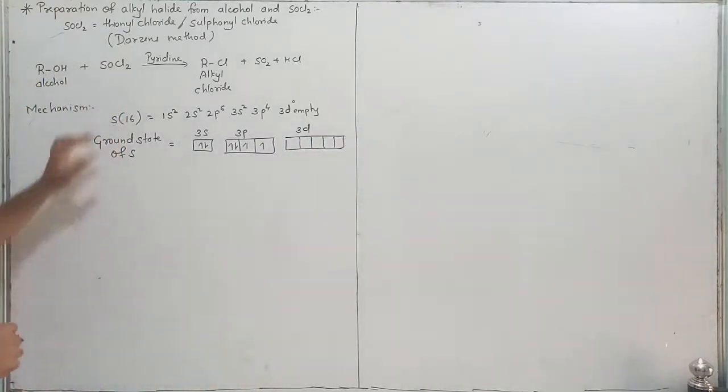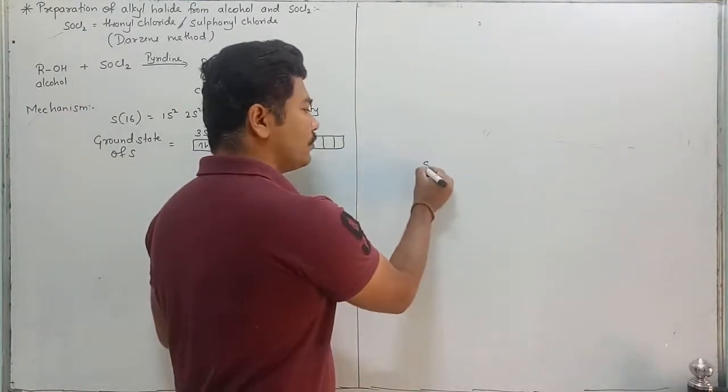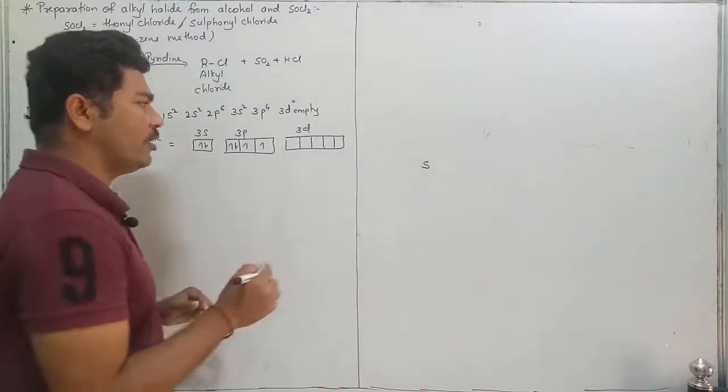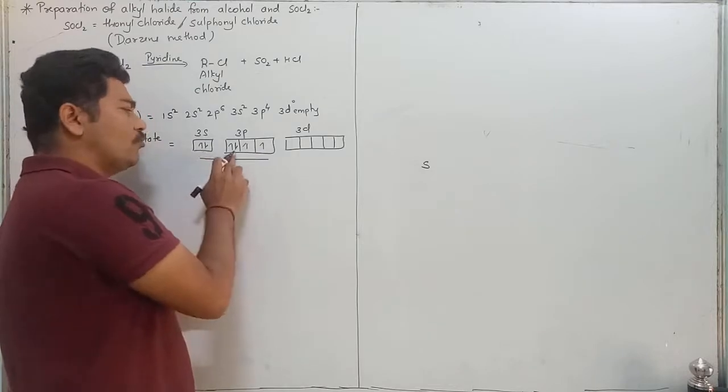Now what happens over here? Sulfur is combining with 1 oxygen and 2 chlorine. How many electrons does it have in its outermost shell? 2 plus 2, 4 plus 2, 6.